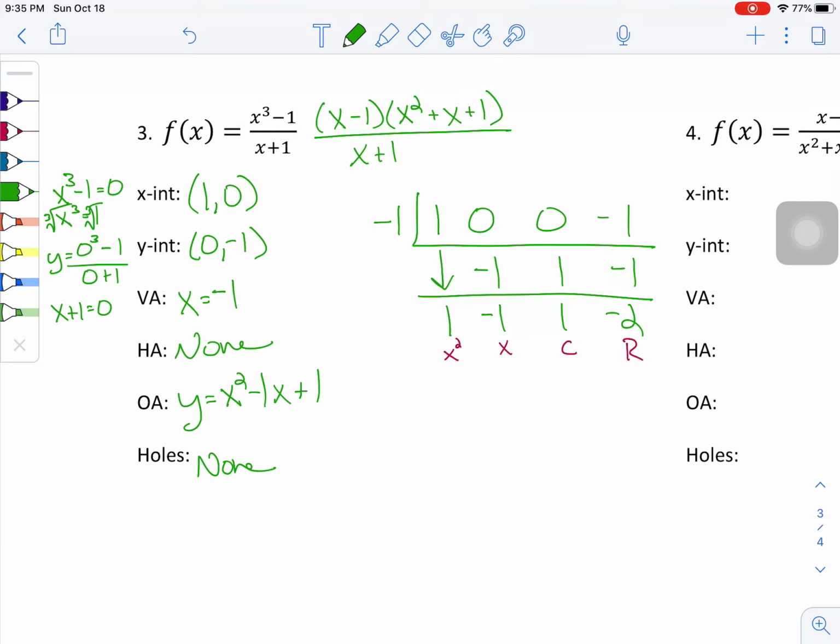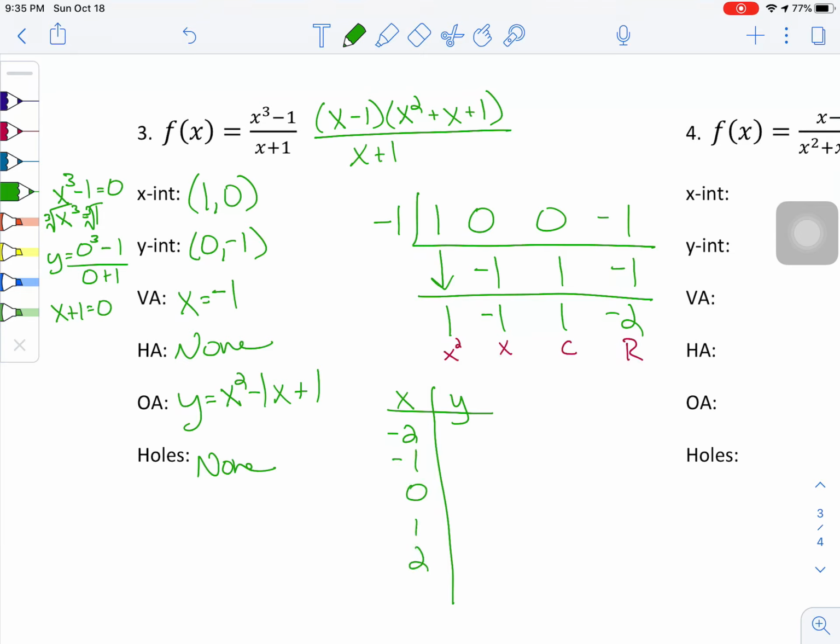So I just want a few values to get an idea of what this function looks like. So table of values, x, y: negative 2, negative 1, 0, 1, and 2.